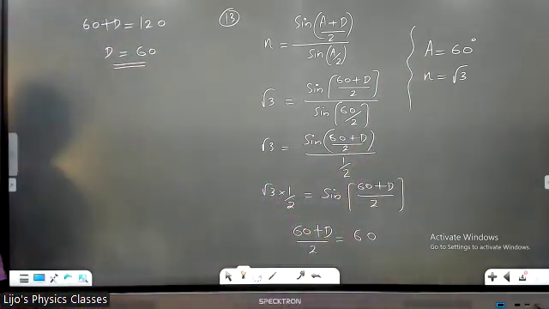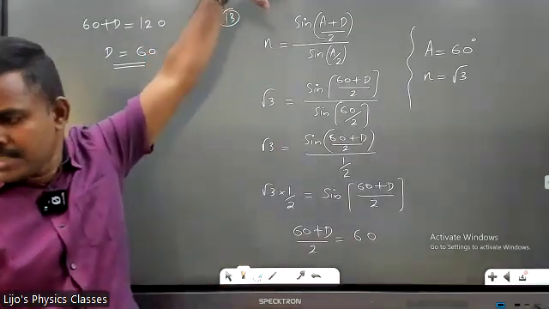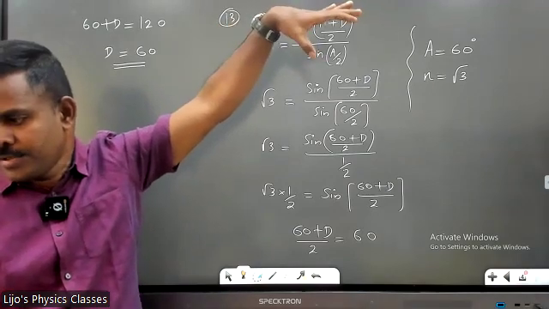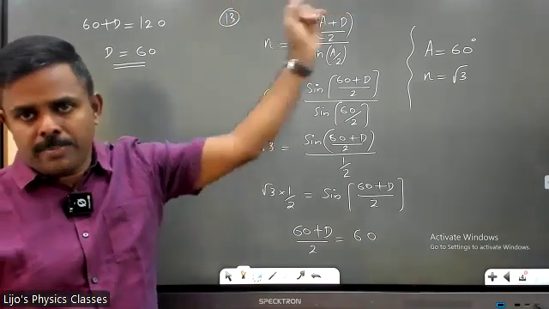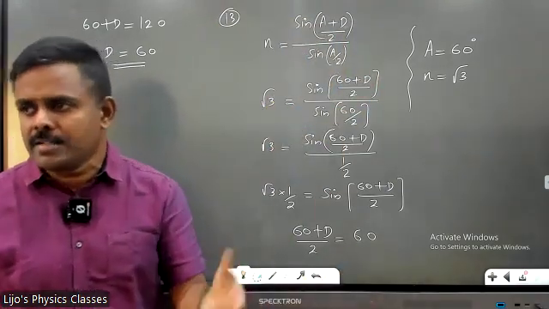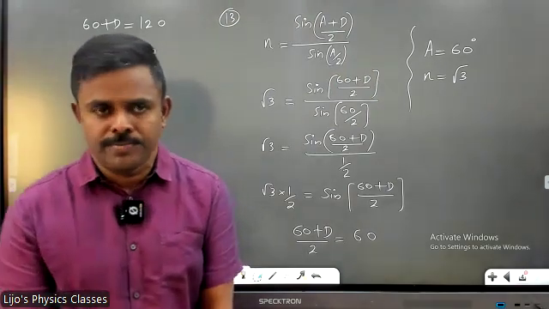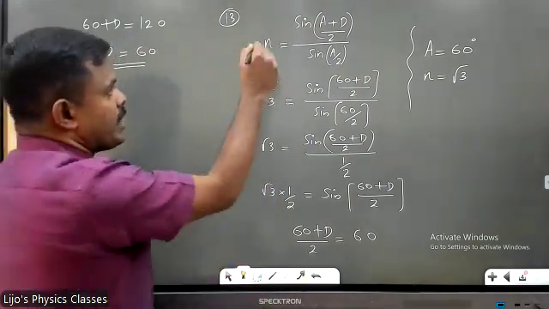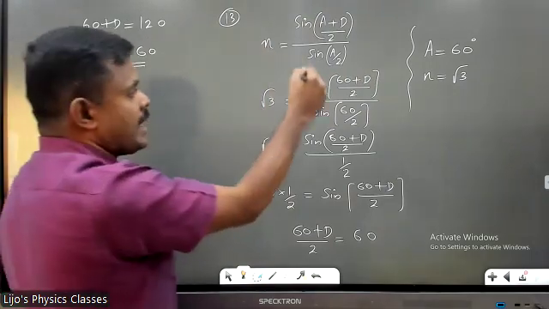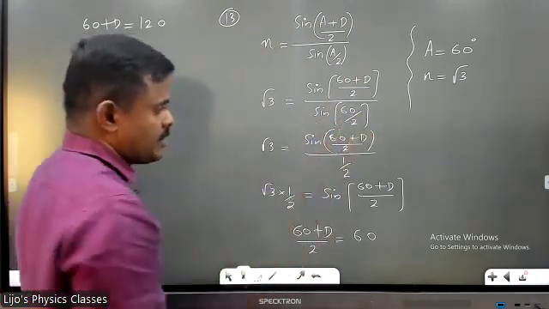I'll do that part one more time. It's basic simplification. Refractive index is given by sine of (A plus D)/2 by sine of A/2. I use the conventional method here. There can be easier ways as well. So n is root 3 here, given.